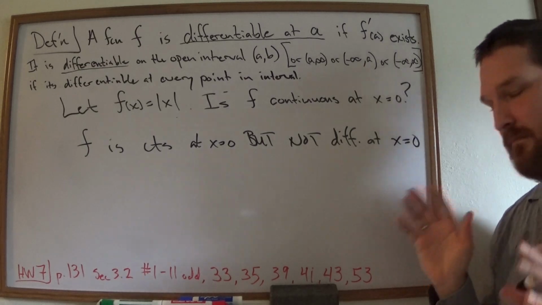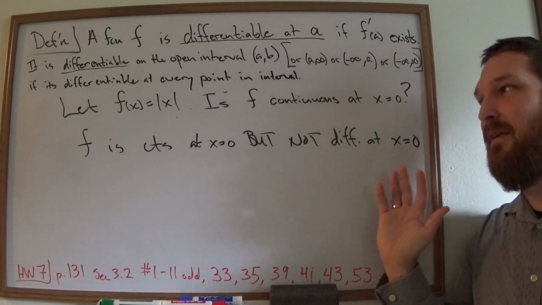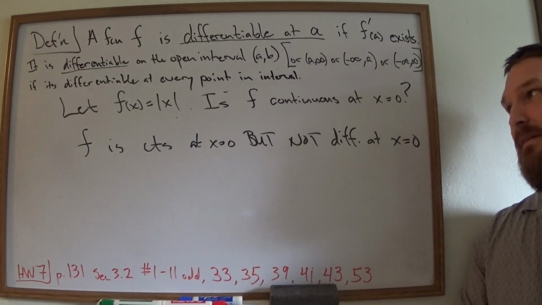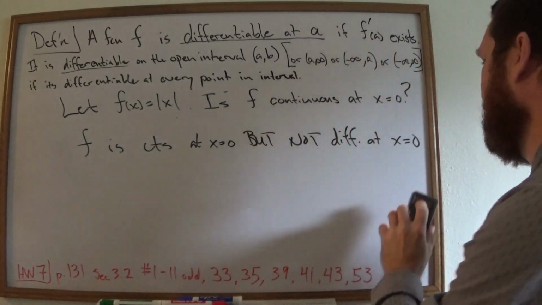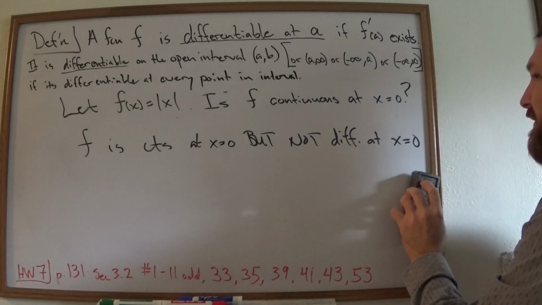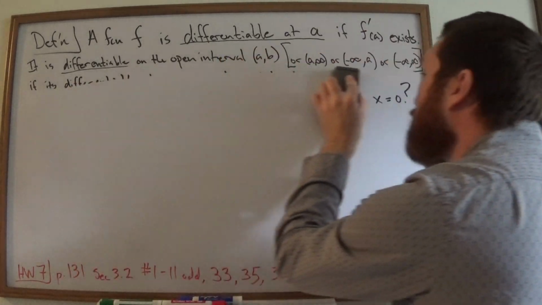I want to have this in your head before we do the very next thing, because the very next thing is a really, really nifty theorem. Everybody got that? You could be continuous somewhere, but not differentiable there.